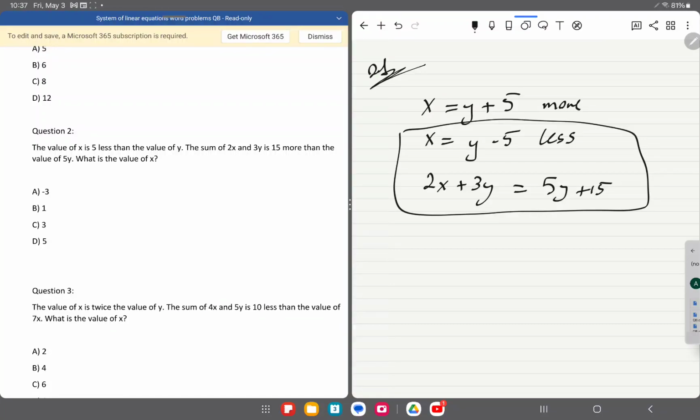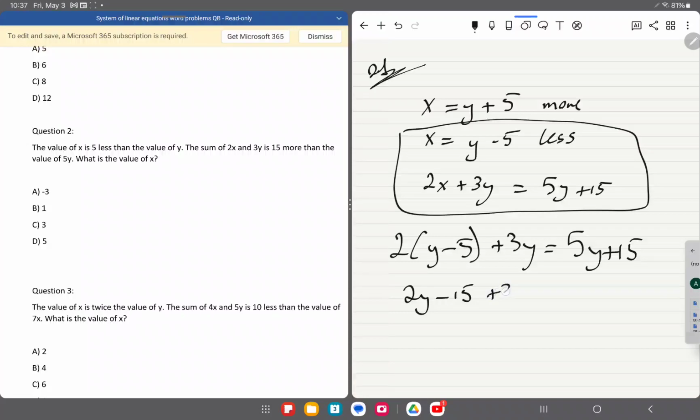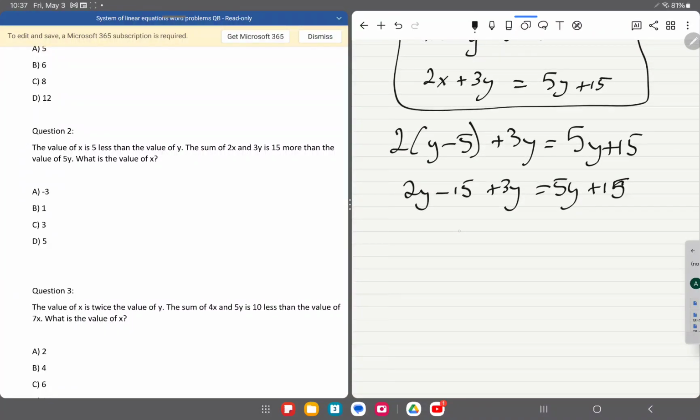Now they want us to solve, so I'm going to put 2 into y minus 5 plus 3y is equals to 5y plus 15. 2y minus 10 plus 3y is equals to 5y plus 15. But there is something wrong here.